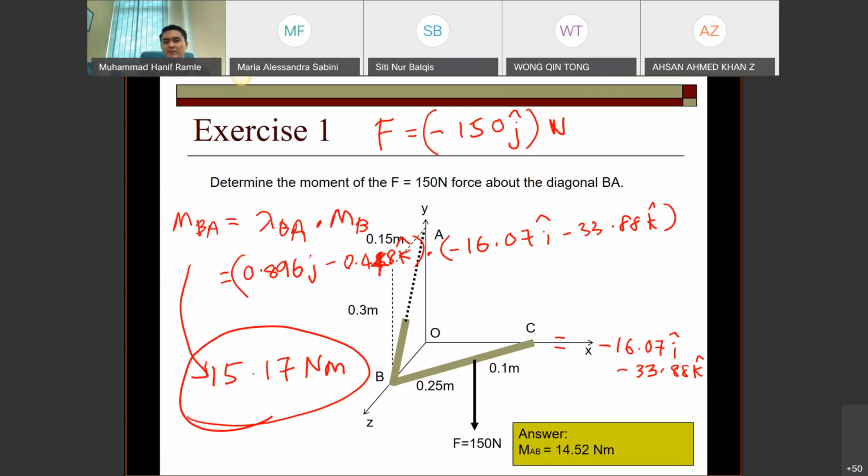That one I got the same answer, but the final one. The final one is only the k component, dot product. You only have to multiply this only. The rest you can ignore because this one is a dot product. 0.448 times 33.88, you will get 15.17.